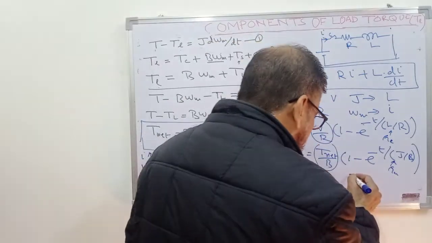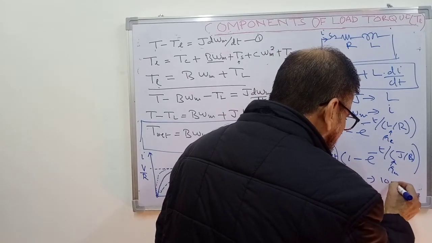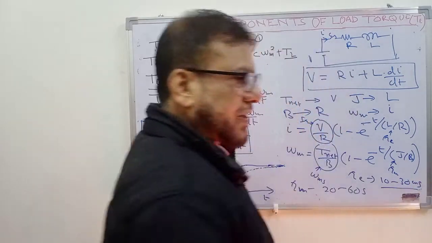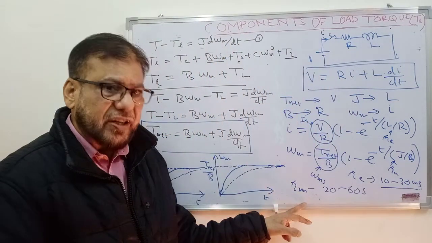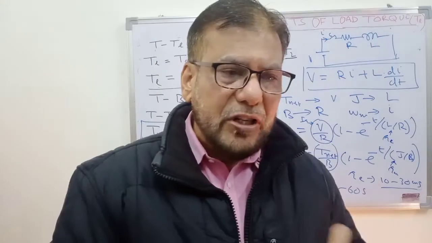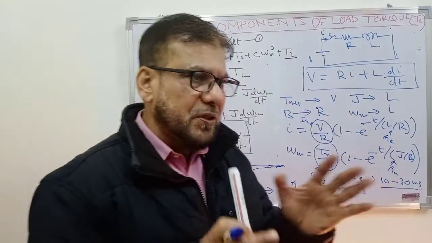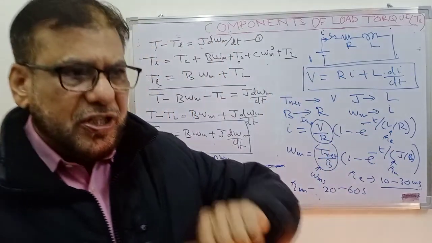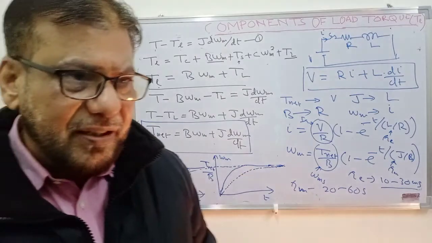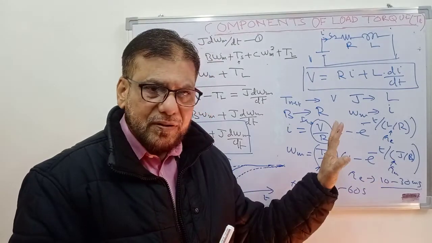Electrical time constant tau e will be in the range of some 10 to say 20 or 30 milliseconds, and here it is in seconds. So what does it mean? This means that whenever you make some changes, for example, you are giving some DC supply to a DC motor and you change the voltage, the current will change almost instantaneously because the electrical time constant of the circuit is very small.